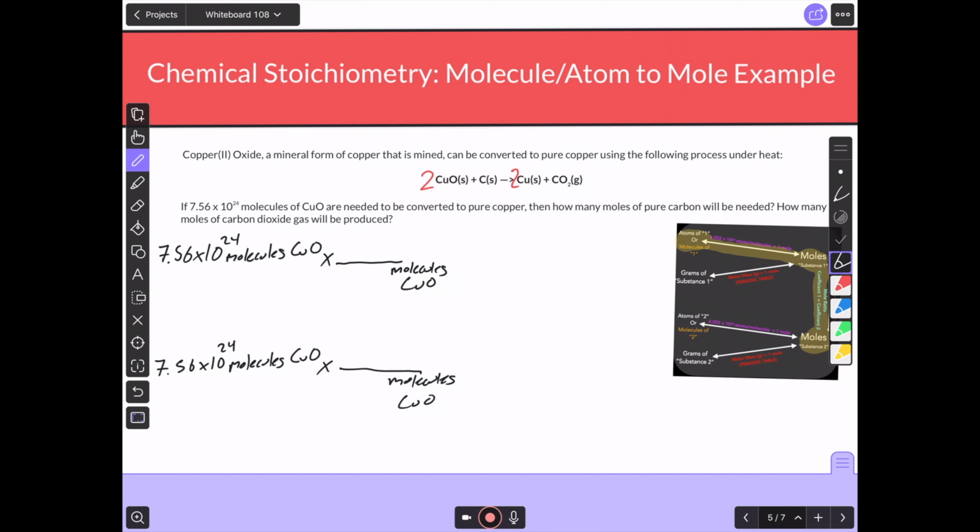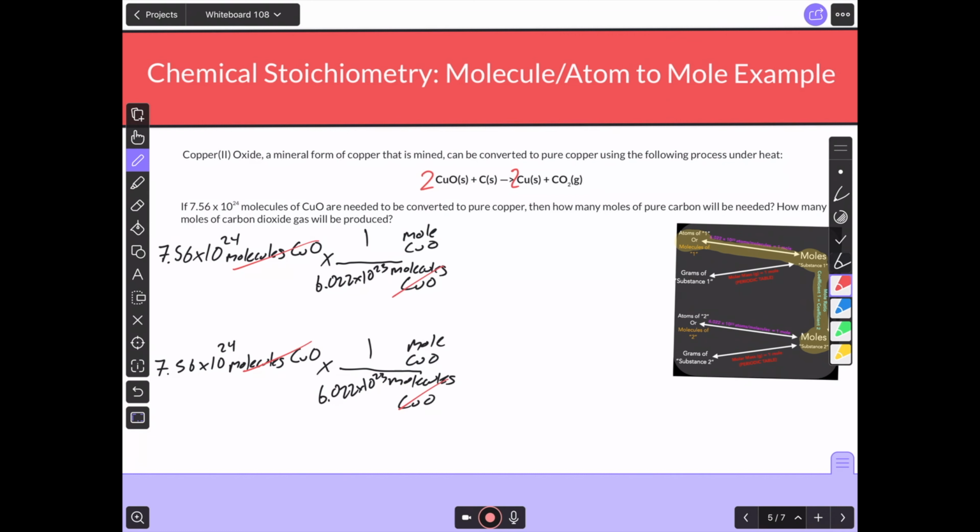And so that's got to be in the bottom. And 1 mole on top. Those will cancel out, right?